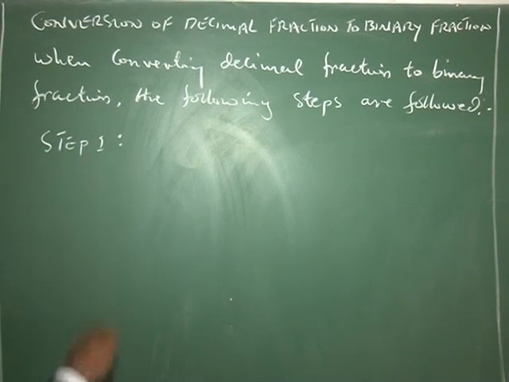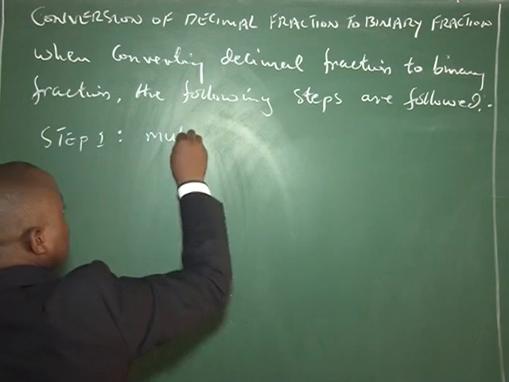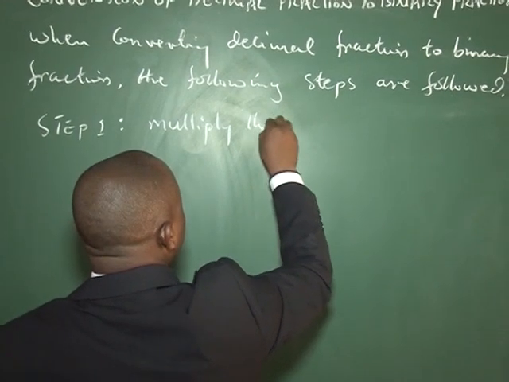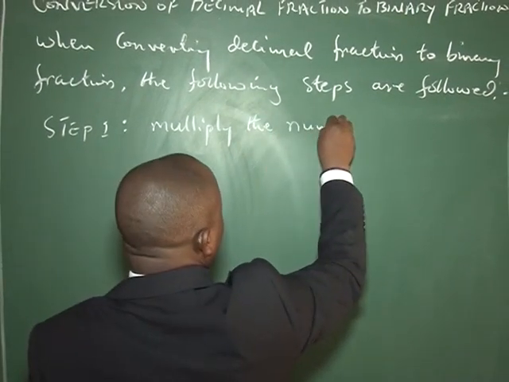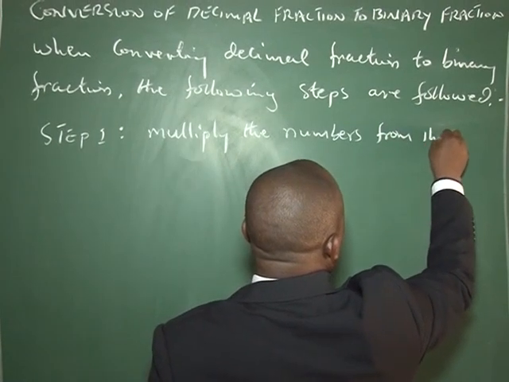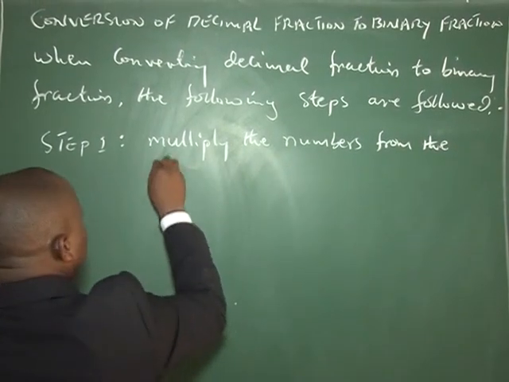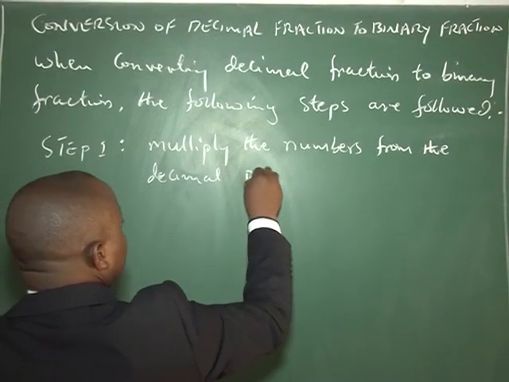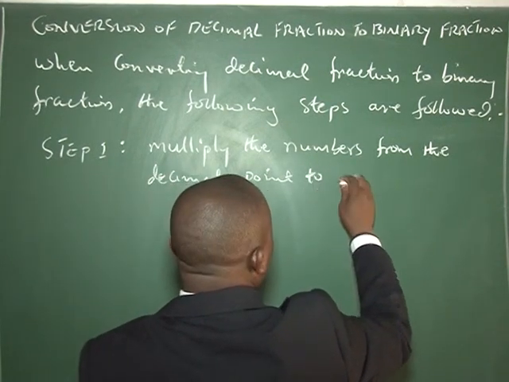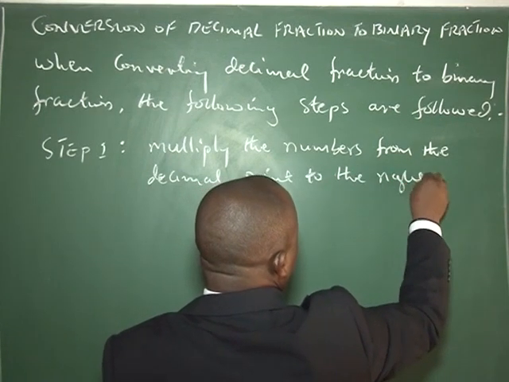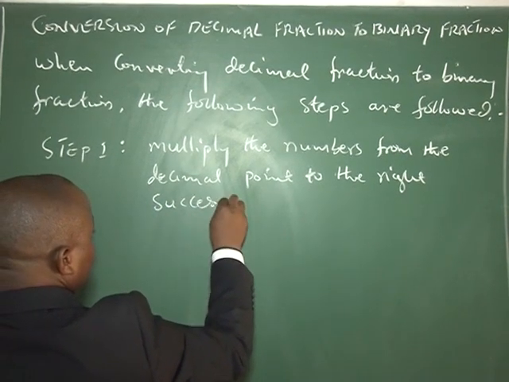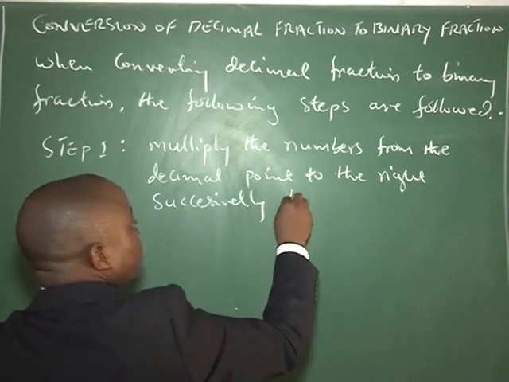Step 1: Multiply the numbers from the decimal point to the right successively by 2.